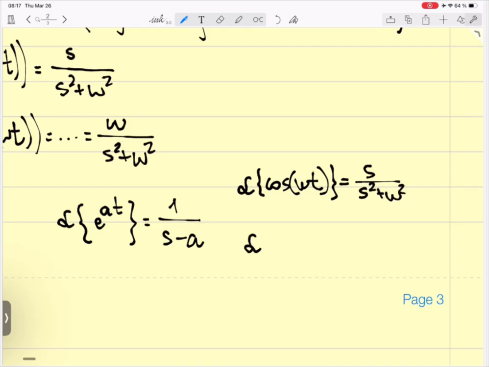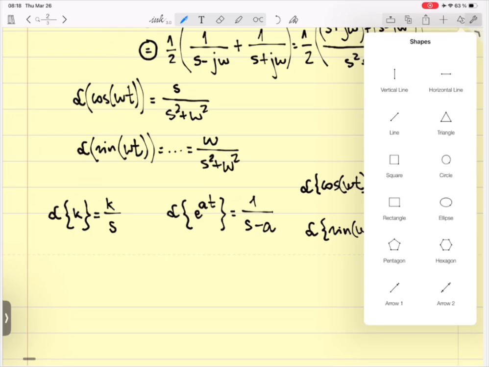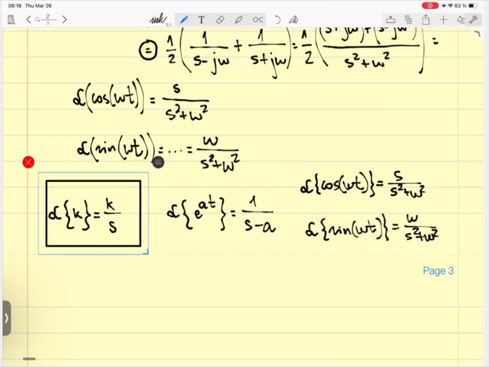The Laplace transform of the sine function of omega t is omega divided by s squared plus omega squared. Okay, so these are the 3 results that we have so far. Any questions, please?